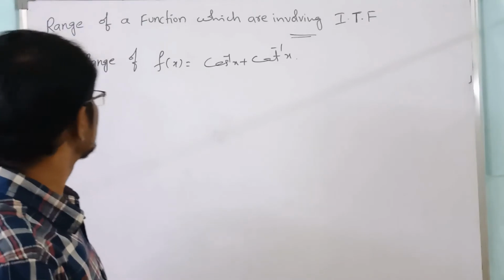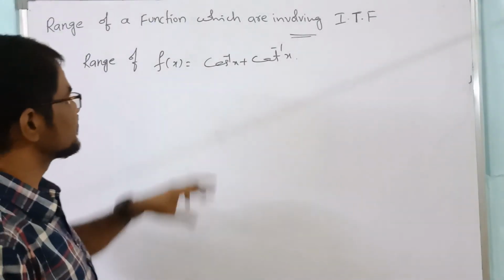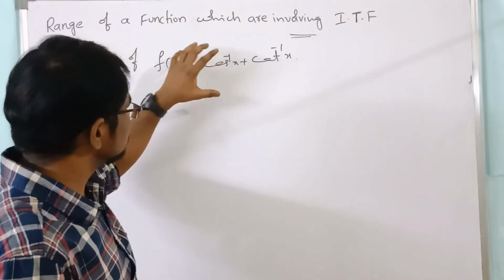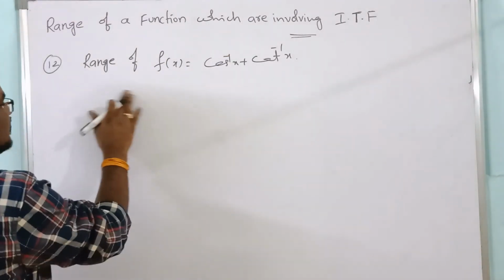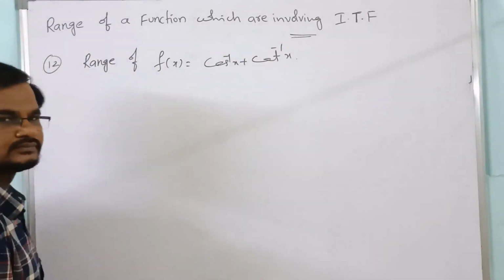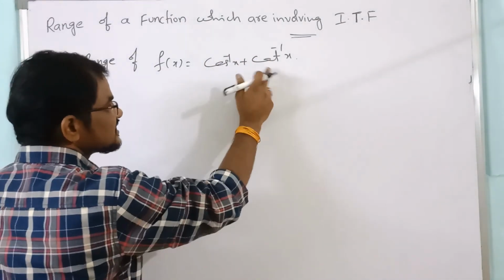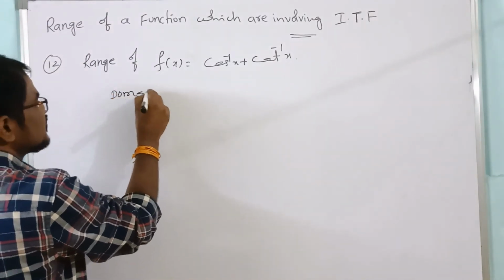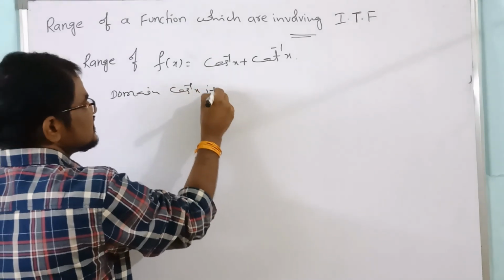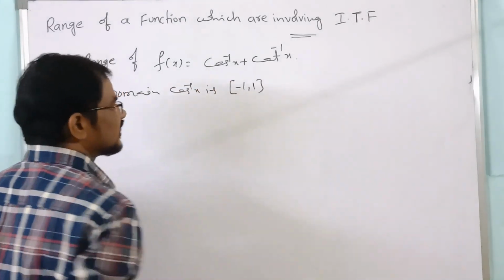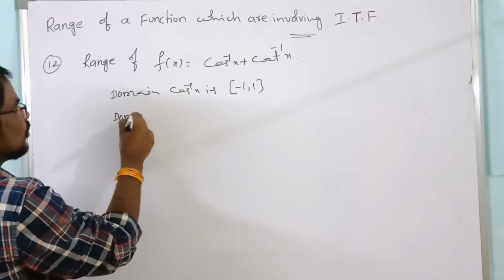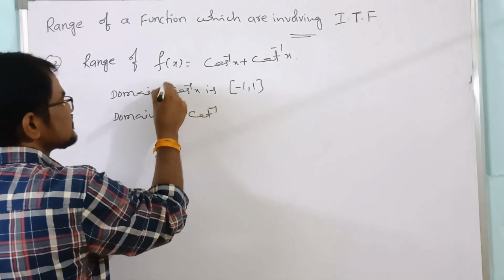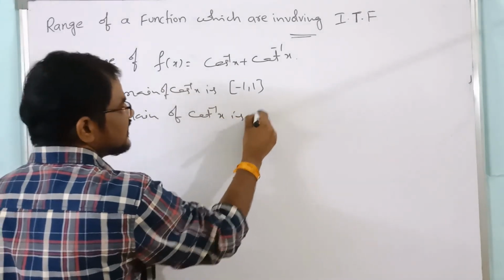Right. See the range of the function f of x equal to cos inverse x plus cot inverse x. For finding this function's range, first we have to take the common domain of these two, right? So these two functions are decreasing functions. The domain of cos inverse x is closed interval minus 1 to 1, and the domain of cot inverse x is real numbers.